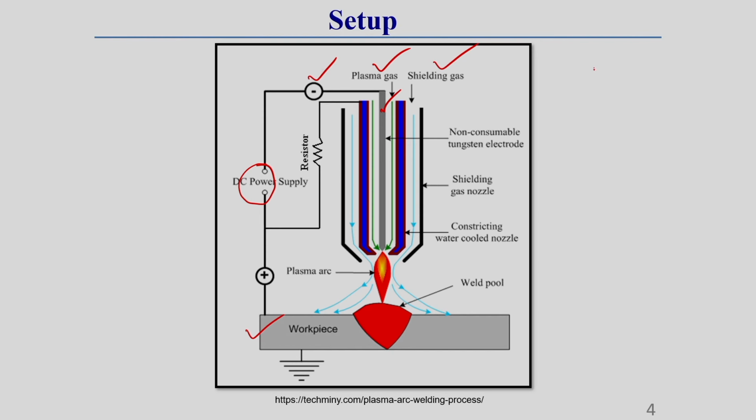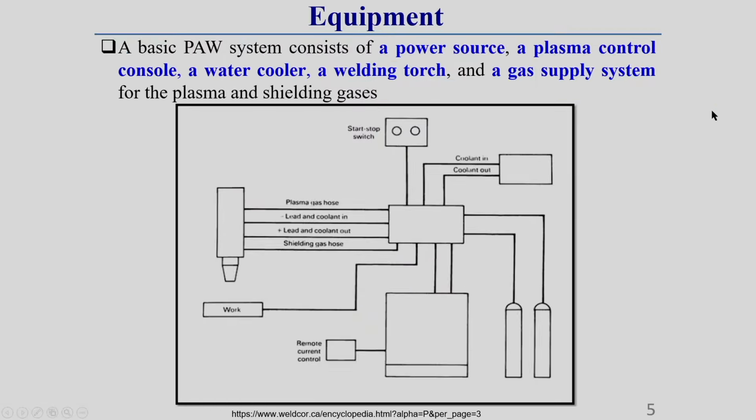That means in the case of DCEN polarity, in the tungsten electrode the heat generation is around 30%, and in the workpiece it is generally around 70%.